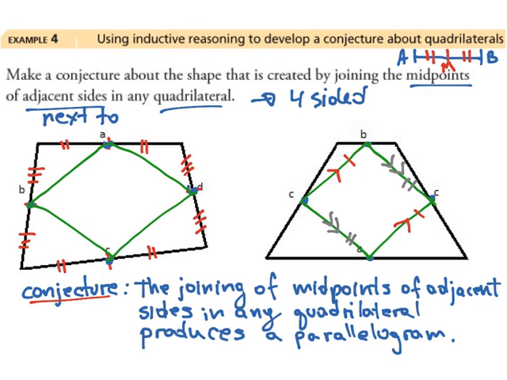And we have to also measure the opposite angles. If these angles are the same, as well as the opposite sides, then the shape would be a parallelogram. So you have to use a ruler to find that the opposite sides are equal, as well as the opposite angles, and therefore it's a parallelogram.